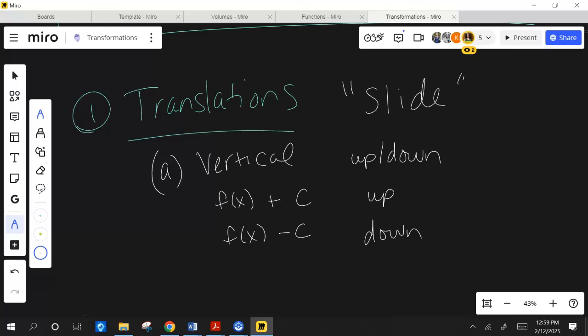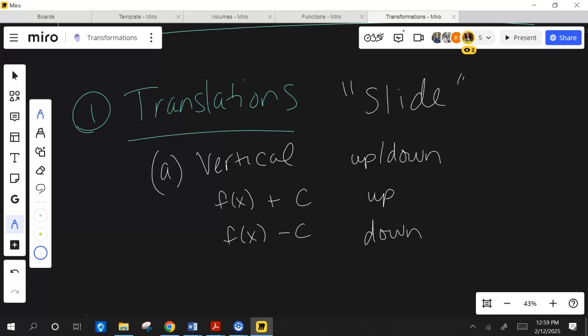If you take a number and you add it on the end of any equation, whatever my equation plus 5, all it's going to do is take whatever equation you had and slide it up 5 units. Every single point on that graph slides up 5.